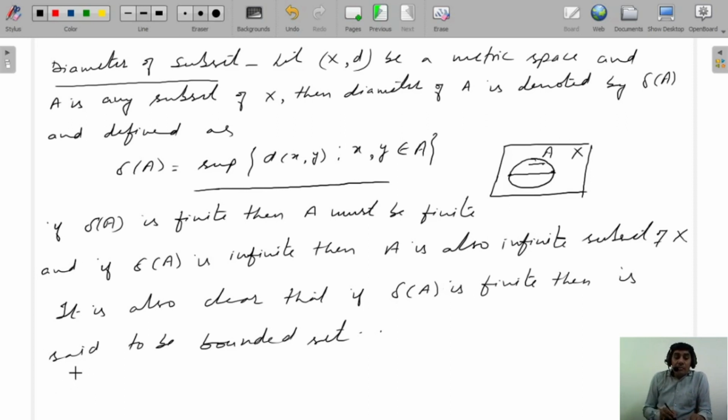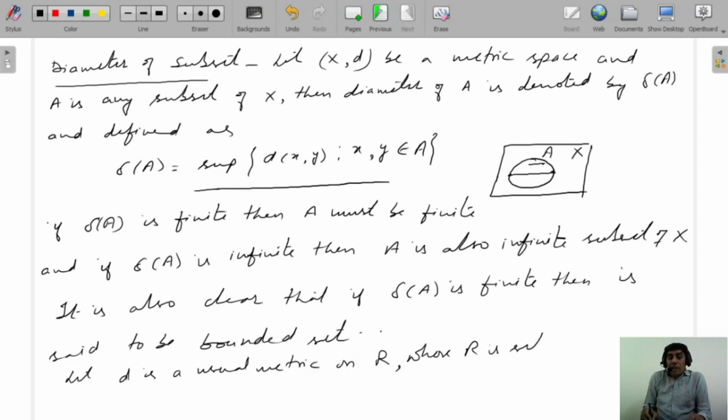For example, let d is a usual metric on R, where R is the set of real numbers.